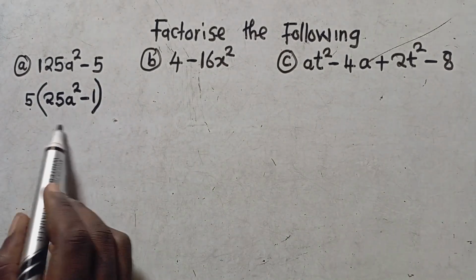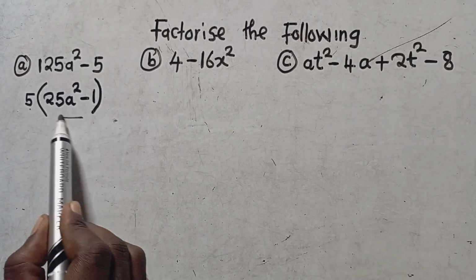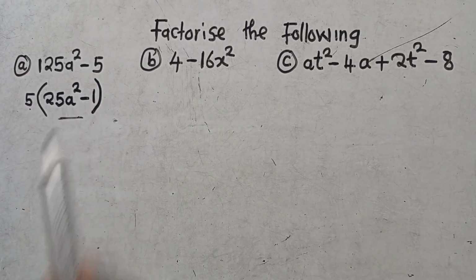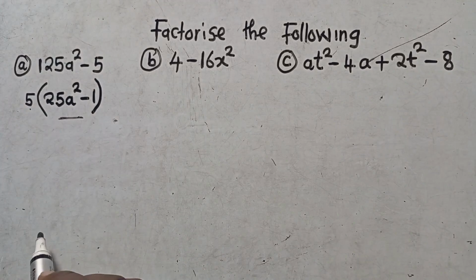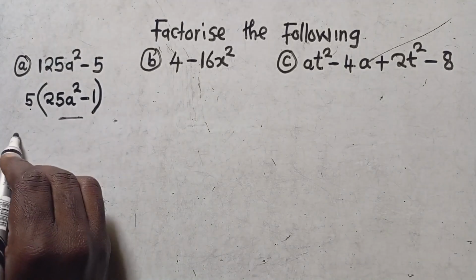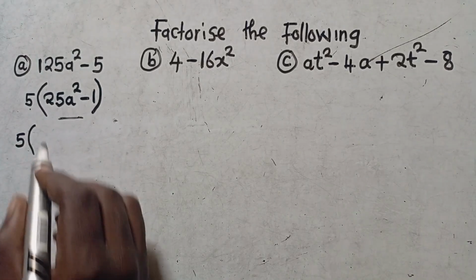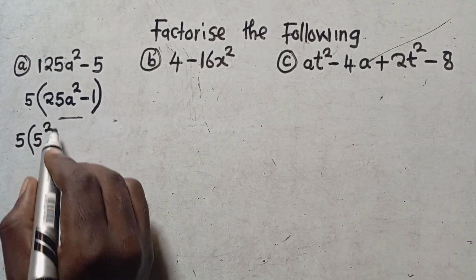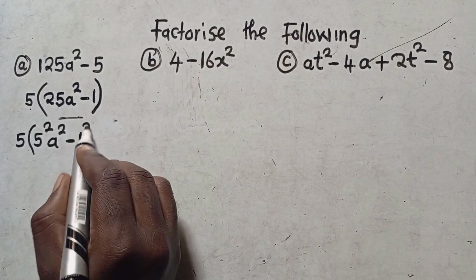You should not only end here. You ask yourself, is this a difference of two squares? 25 is a perfect square, and 1 is a perfect square. So this can also be written as 5 squared a squared minus 1 squared.